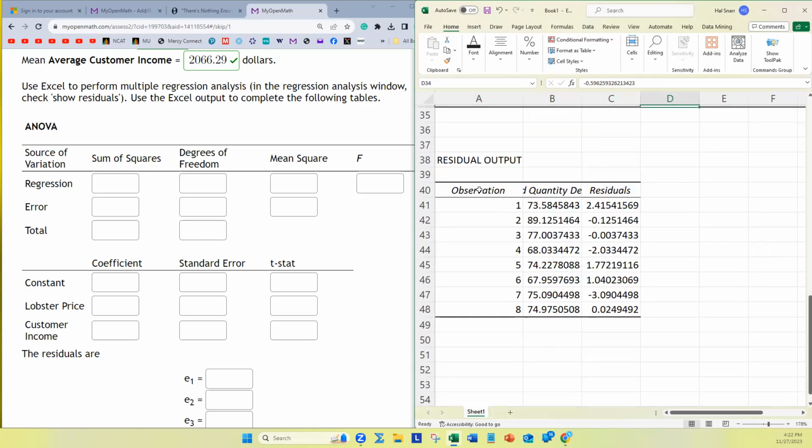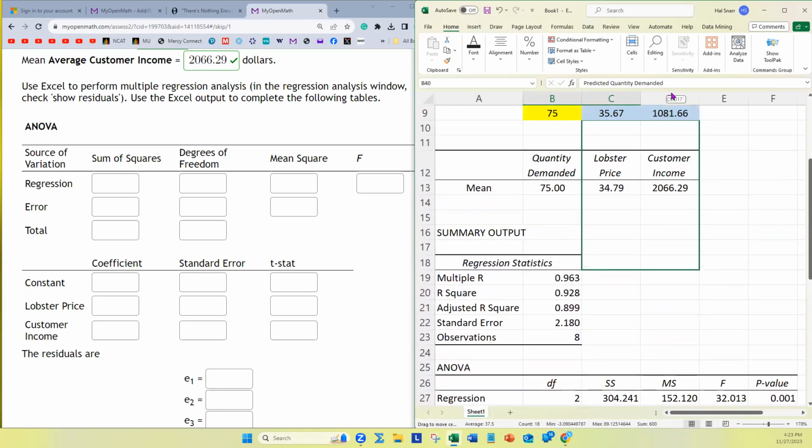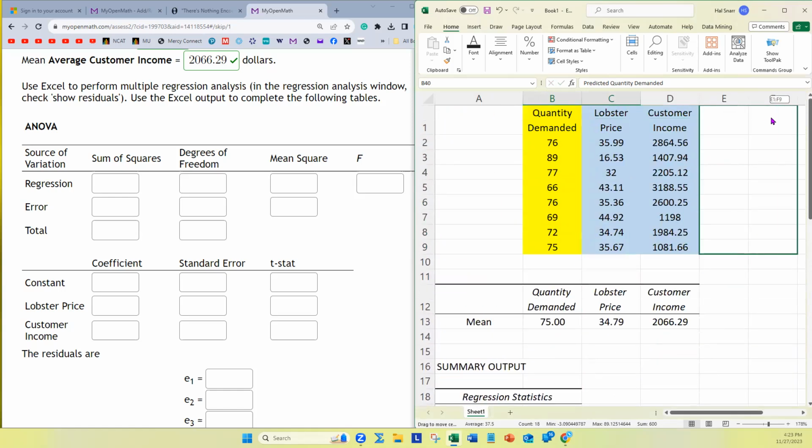And then down here, what I'm going to do is I'm going to copy this. I'm going to take these two columns here. This is the predicted quantity demanded right here, right? This is the predicted quantity demanded, and these are the residuals or estimated errors. I'm going to copy them. I'm going to grab this and put it up here next to my data.